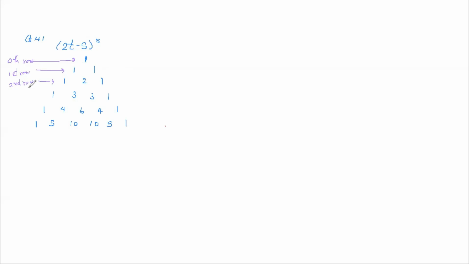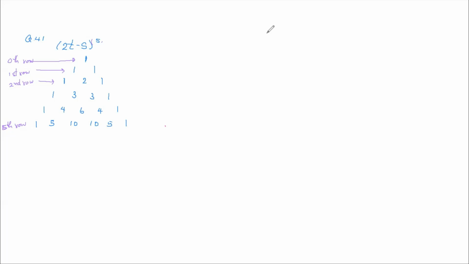So this is the second, third, fourth, and fifth row, which has 6 terms. We count 1, 2, 3, 4, 5, 6 terms. Now we only work with the fifth row because the question has index power 5.